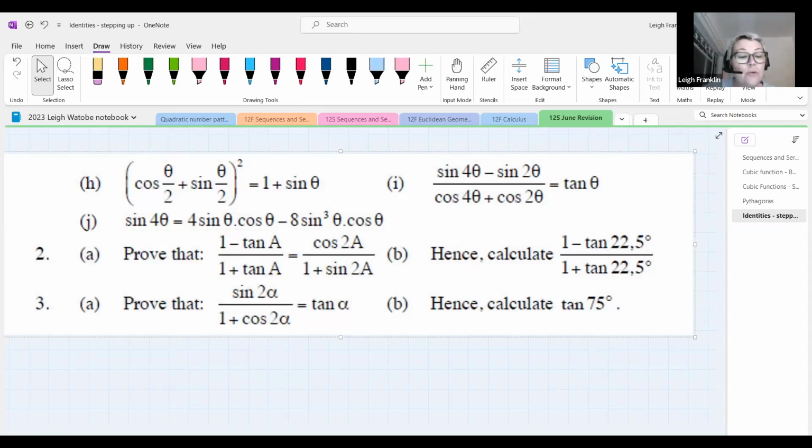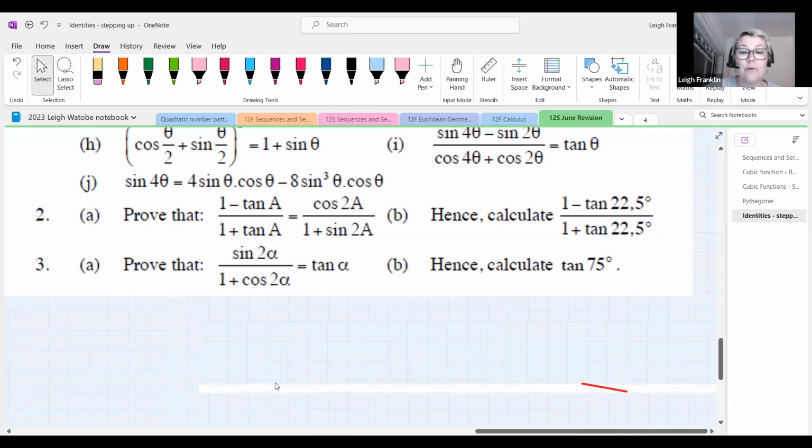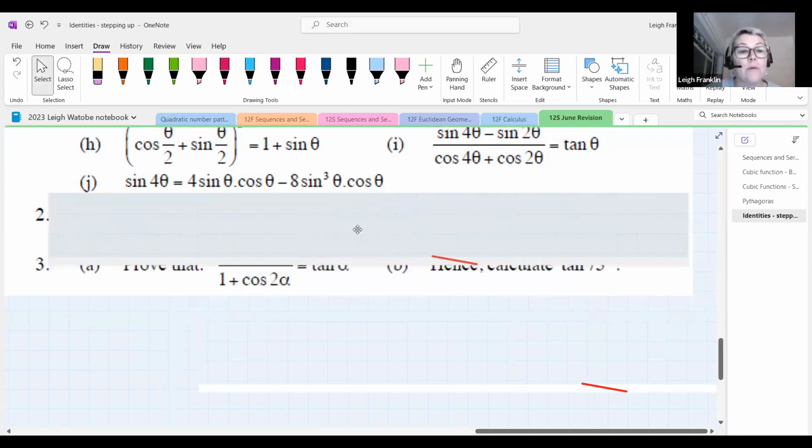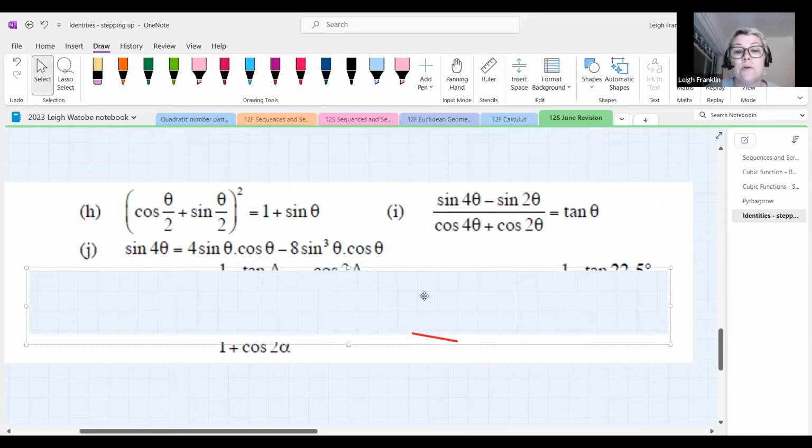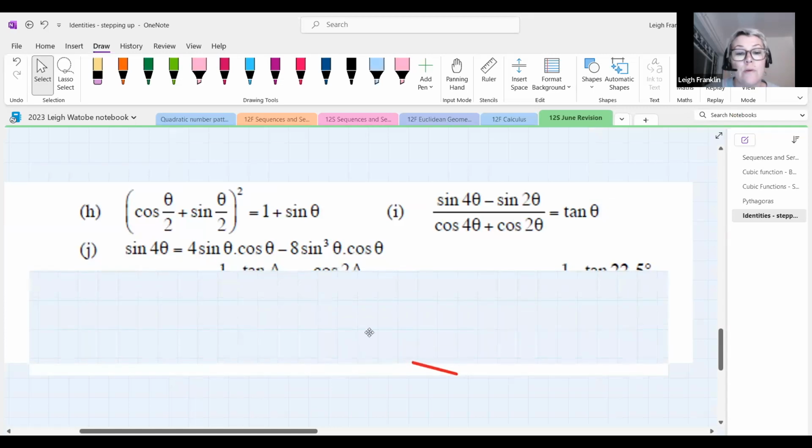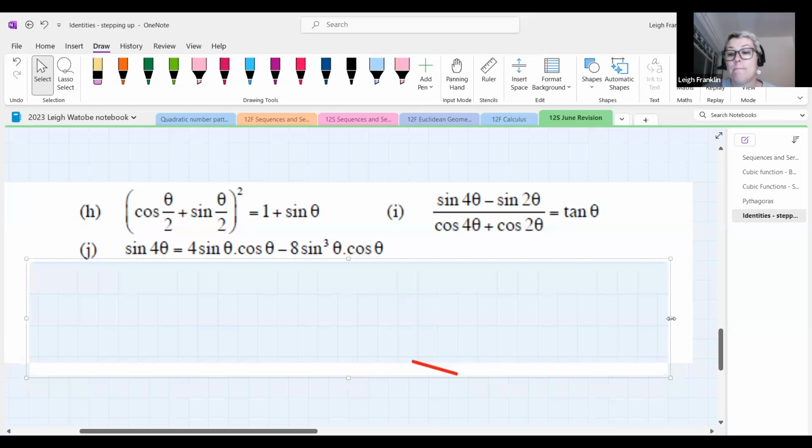What I can do, sorry, I didn't think about this. Maybe this will just help to block things out a little bit. Okay, so either H or I, and you are going to try one of those. What I will do, just put that over it just to not distract you.